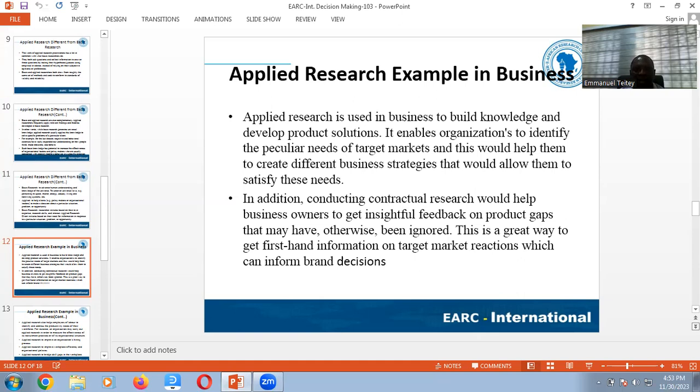In addition, conducting contractual research helps business owners get insightful feedback on product gaps that may otherwise have been ignored. This is a great way to get first-hand information on target market reaction, which can inform planned decisions.